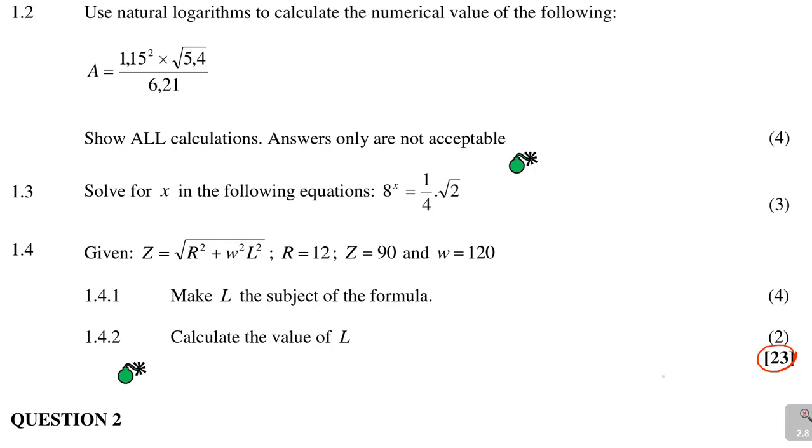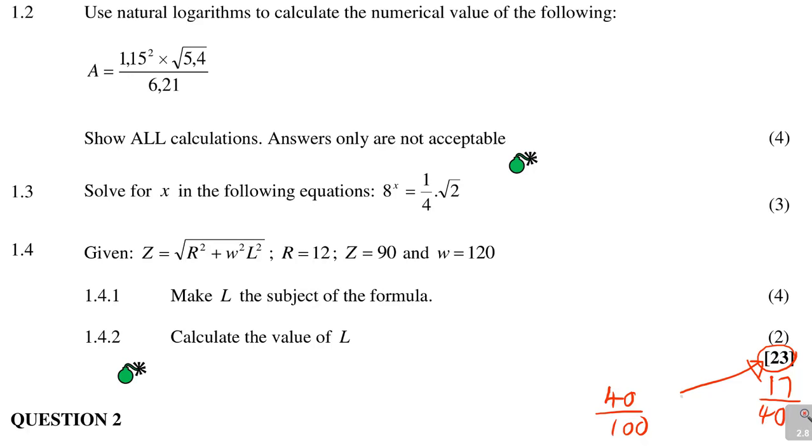By the way, remember, this paper is out of 100 marks, and the pass mark is 40 out of 100. So picture if you can get these 23 marks altogether correct, you'll be left with 17 marks. From the whole paper, you are just left with 17 marks to get a minimum of 40.